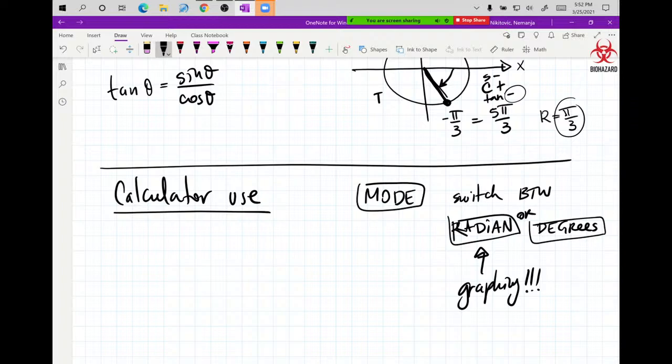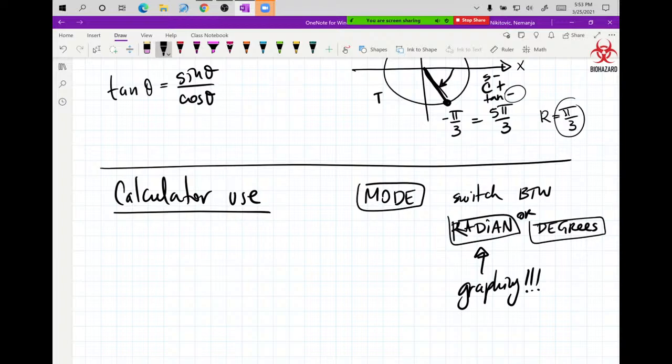Now, when the problems say give the degree measure or give the radian measure, you still have to switch between modes. I used to joke with my students that the only way I know you are a good Precalc 2 trig student is if by the end of the semester the only key that has faded, so you can't read what's on it, is the mode button.